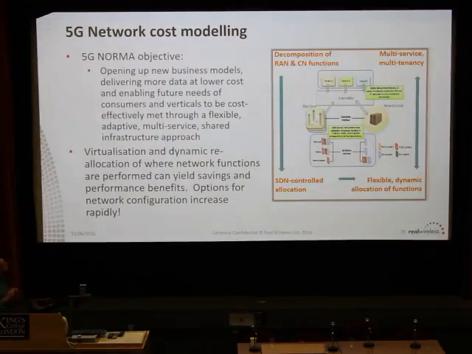Okay, how are we going to do this with 5G NORMA? So we've got the RAN and the core network driving this, software-defined network, and we've got the virtualization, we've got the slices, we've got the same hardware that's shared, although logically separated.